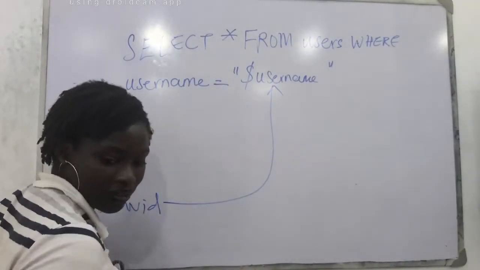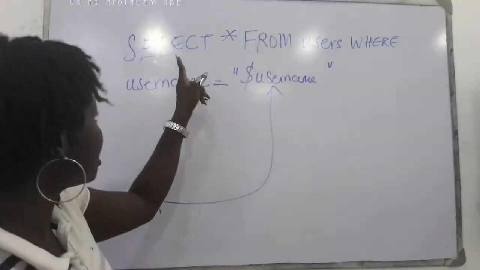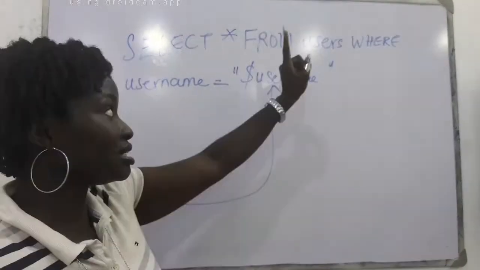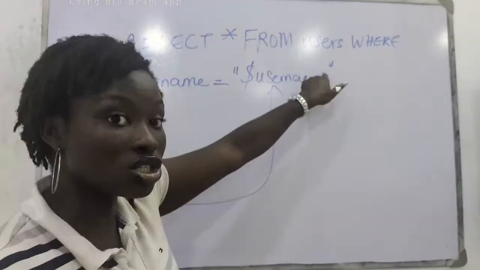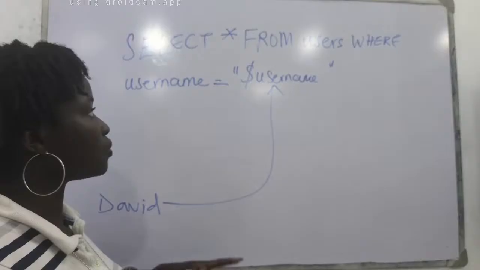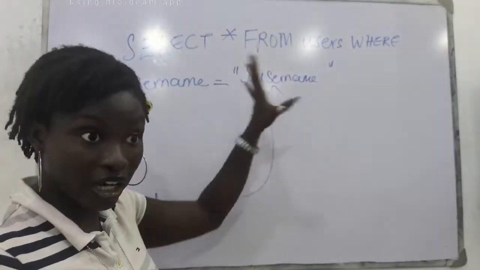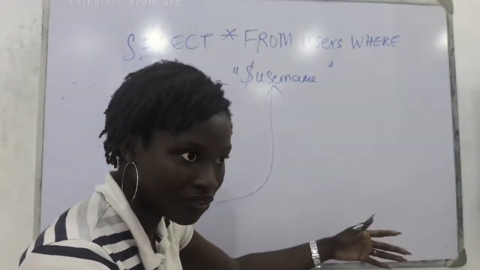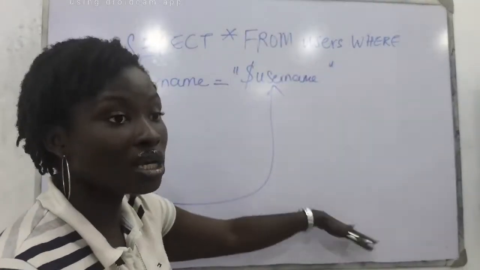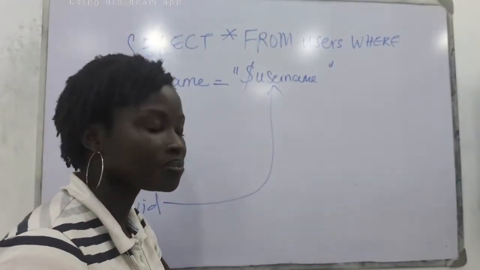So they check all of the users, and yes, there's a user in these users called David. David says, do you find me here? It says, yes, we find you here. So we start to print out all the information that belongs to David.